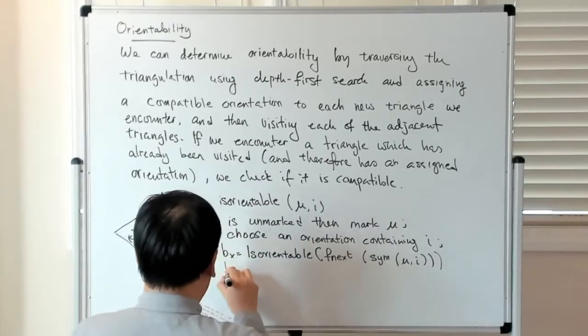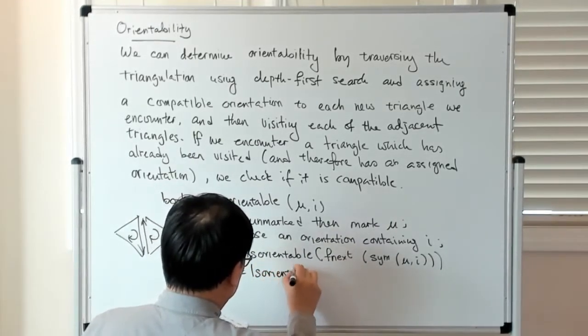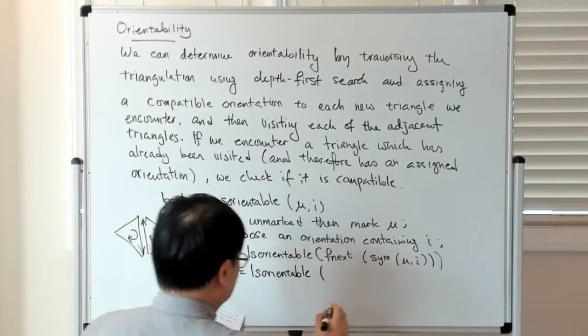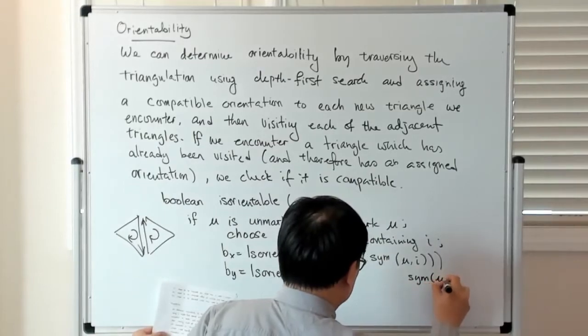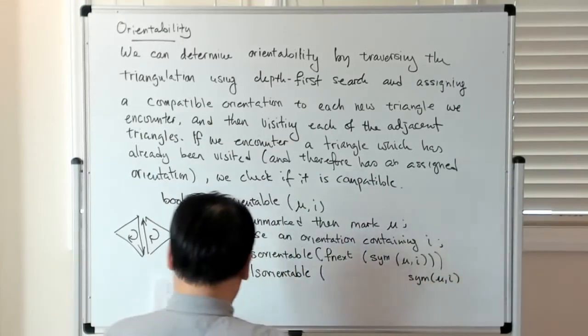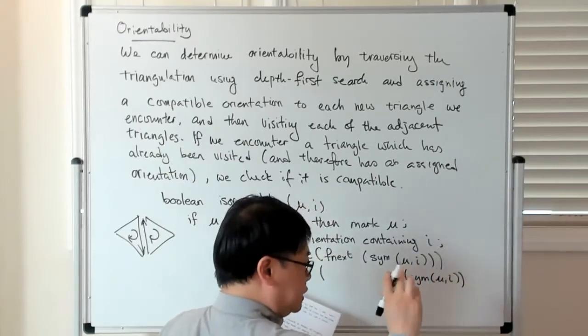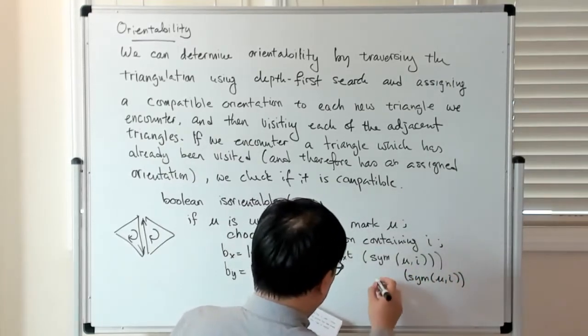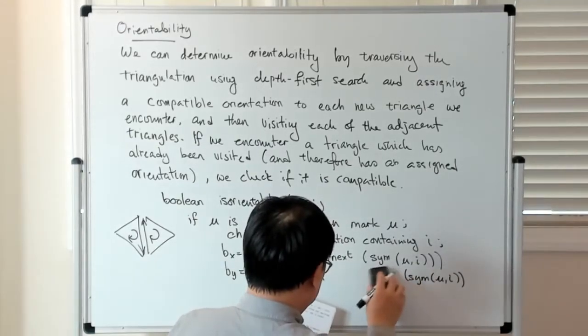So do By is orientable. And so I still have to apply this sim operation to flip the leading edge, but then I want to go to the next face of the triangle. So that's E next, right? That's the E next operation.